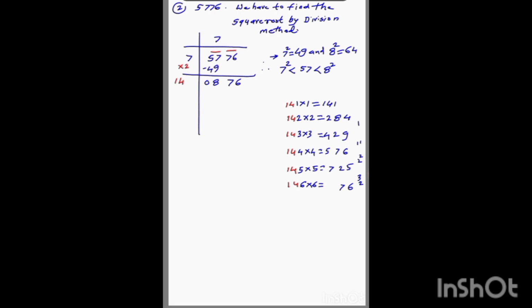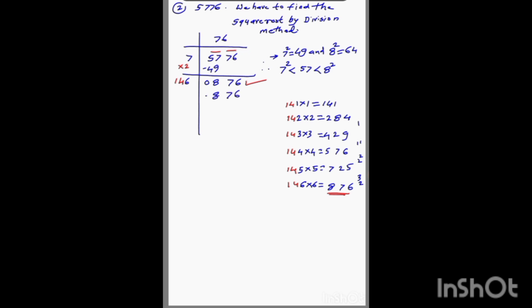Yes, that is your number. You need not go beyond that. Sometimes you may have to go beyond in particular cases, but presently if you are getting it here, no need to go ahead. So 146 into 6 is 876.